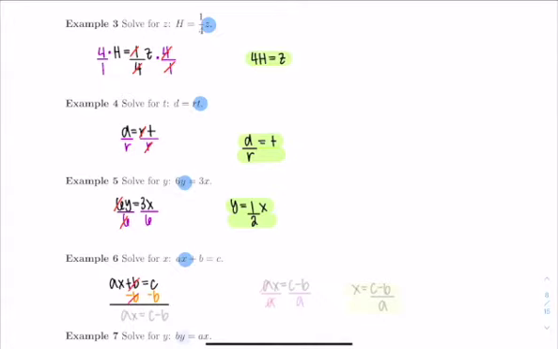And so it ends up canceling, and we get ax equals c minus b. Well, we want to get x by itself, so to undo the multiplication, we can divide both sides by a. And so it cancels on the left, and we get that x equals c minus b all over a.